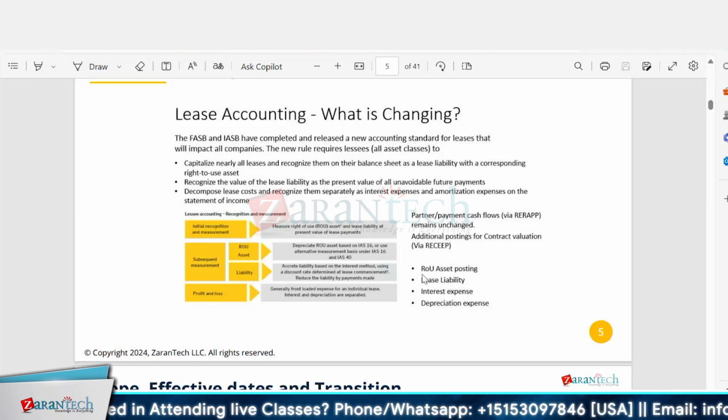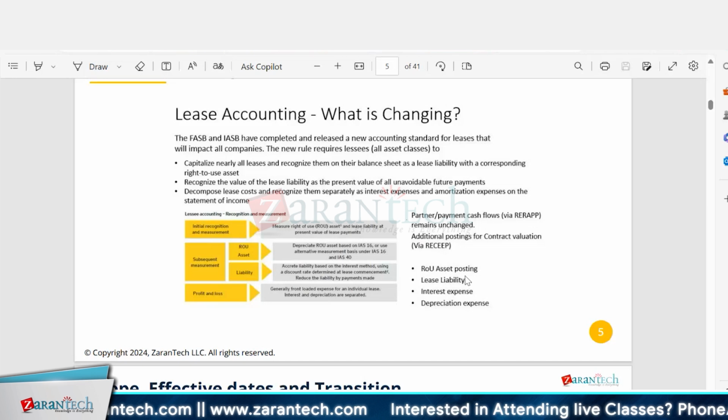And one more very important thing: in REFX we now have a functionality using which we can also create an asset through the contract itself. Okay, you need not create the asset from the asset accounting module. So the contract itself will create your asset, and the accounting, like the acquisition posting, will happen through your receipt over here.